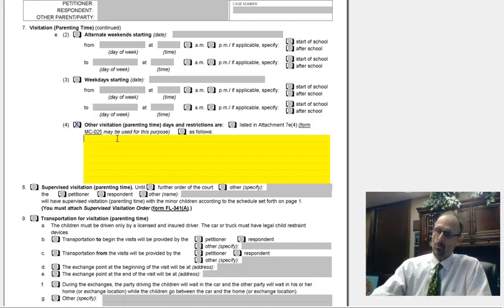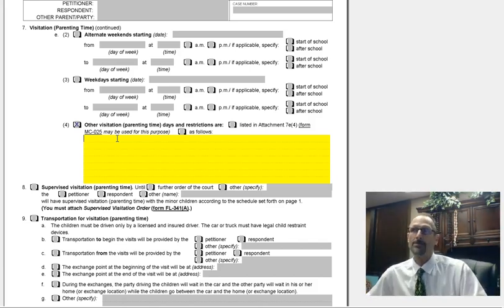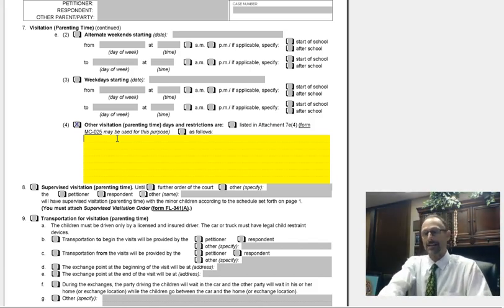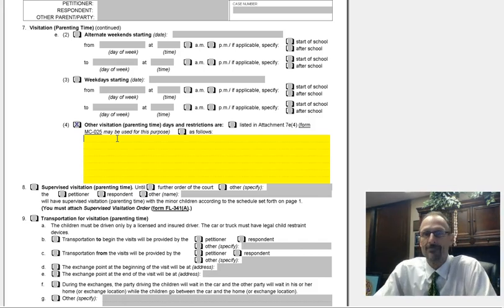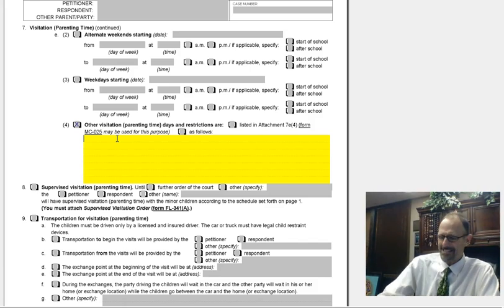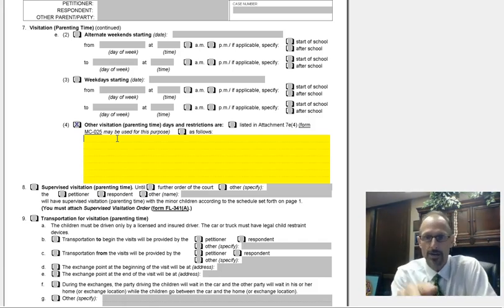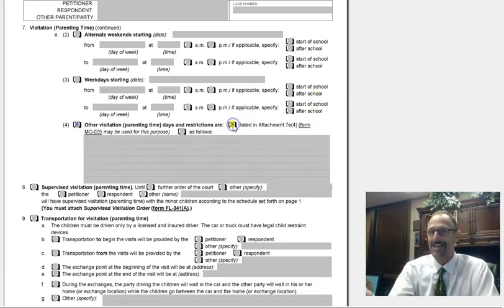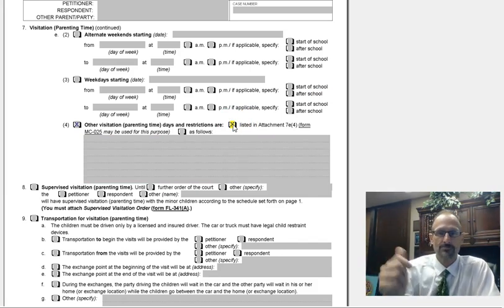If you need more space, it specifically says, take another piece of paper and list at the top attachment 7E4. You may also use form MC-025. It's just a declaration form, a blank form that you can use to spell out what this is. If you mark that it's listed in this attachment and you mark that box, you're golden. Just attach it.